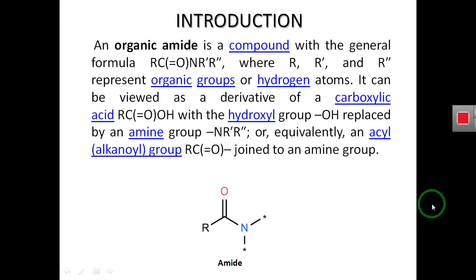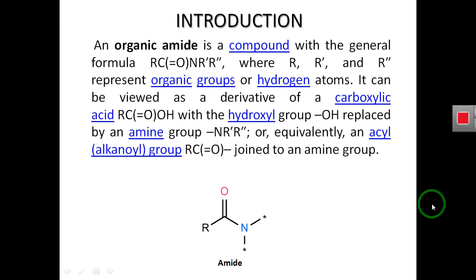So first of all, we will see what amides are. Amides are actually derivatives of carboxylic acid. Do you know the formula of carboxylic acid? Molecular formula CH3COOH. So amides are the derivatives of carboxylic acid.